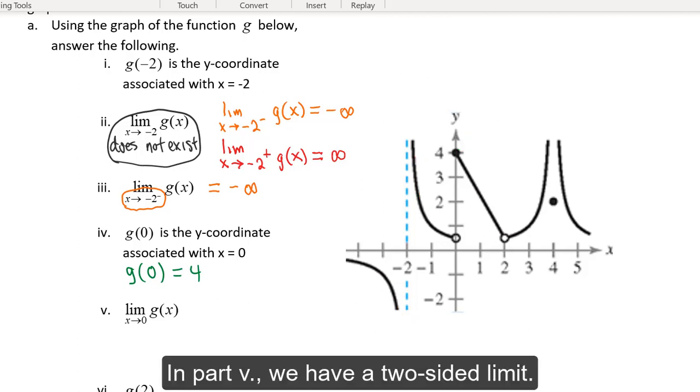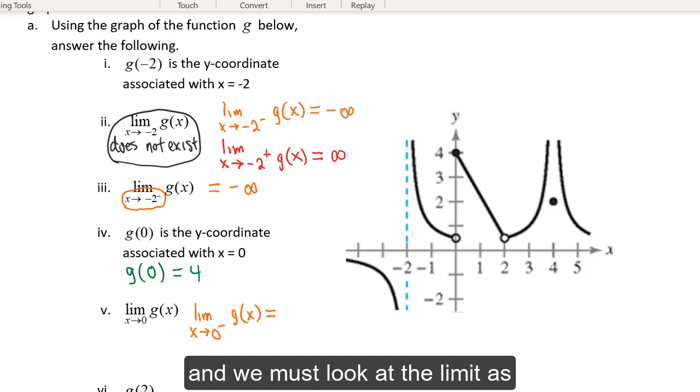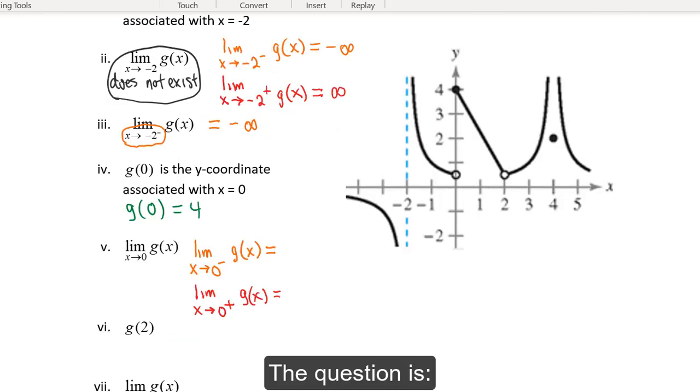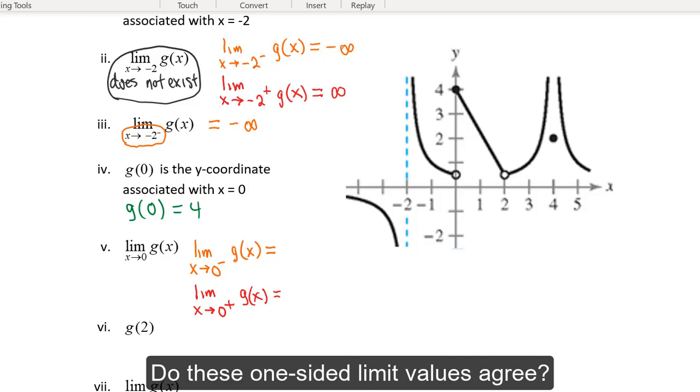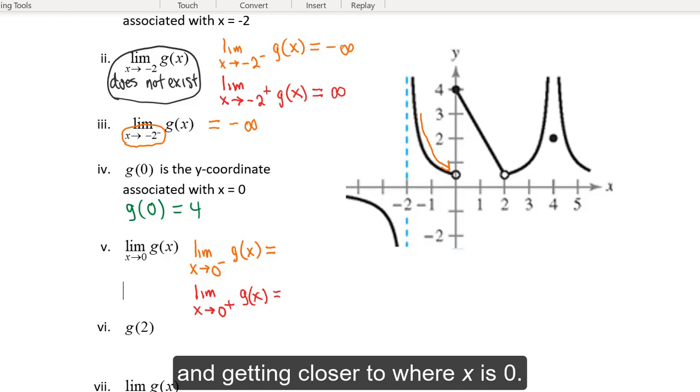In part 5, we have a two-sided limit. We must look at the limit as x approaches 0 from the left, and we must look at the limit as x approaches 0 from the right. The question is, do these one-sided limit values agree? As x approaches 0 from the left, we are on this portion of the graph just to the left where x equals 0 and getting closer to where x is 0.